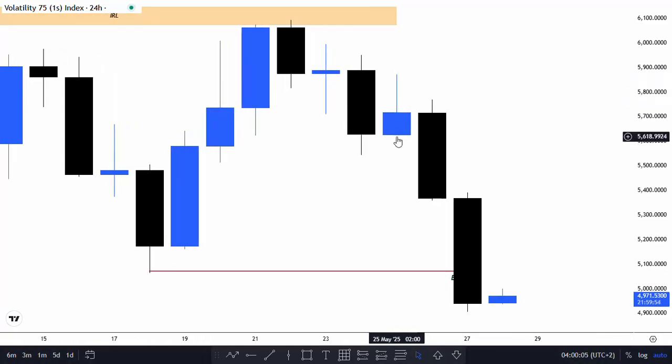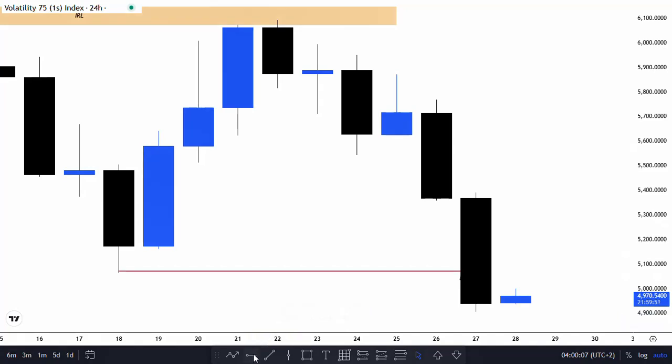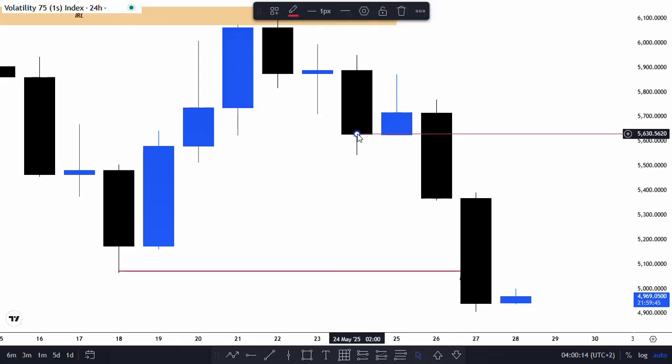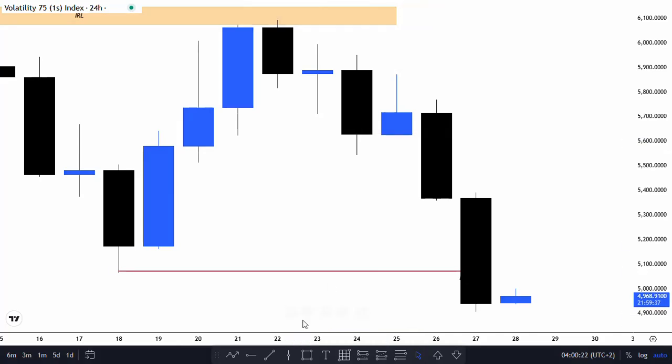when price opened right here, the 24th closed here, and then the 25th opened right here.